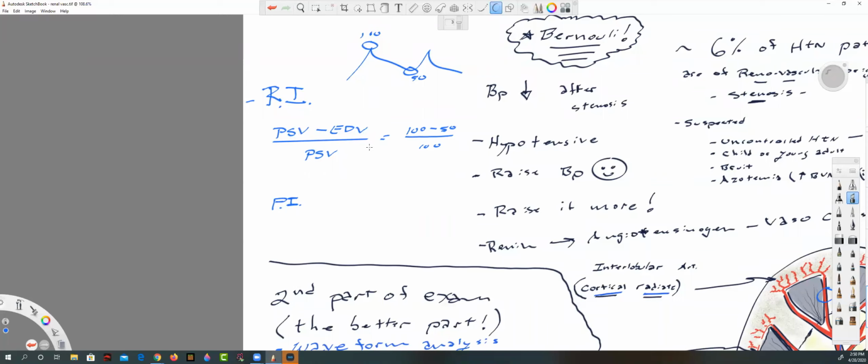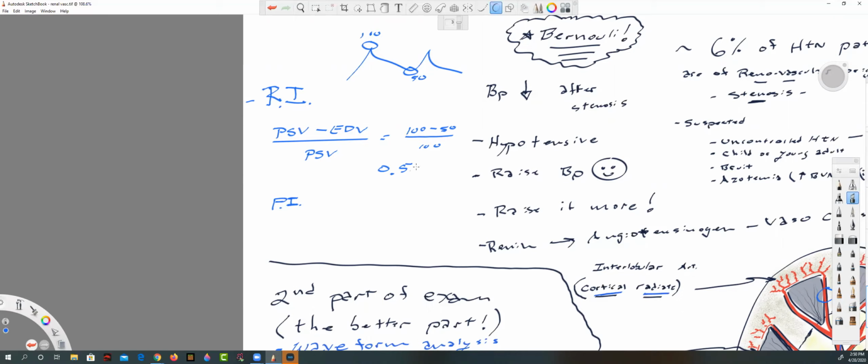Gotcha. So I guess this ratio would be 0.5, right? 100 minus 50 is 50, divided by 100 should be 0.5. Mm-hmm.